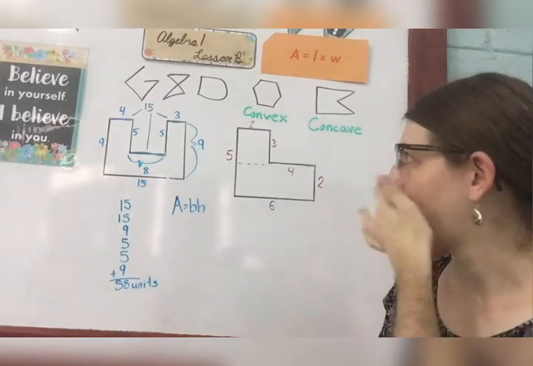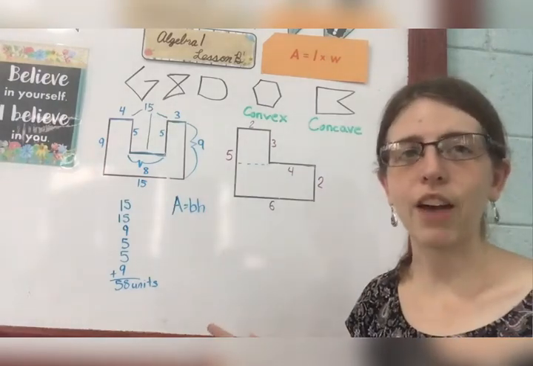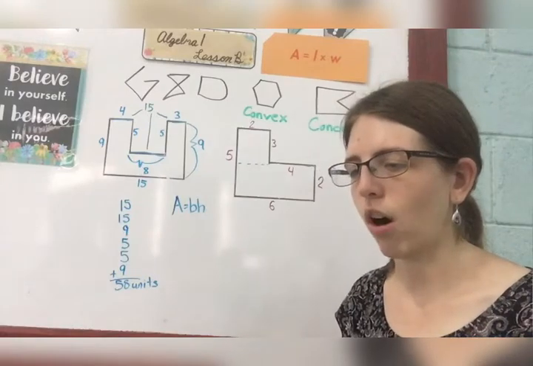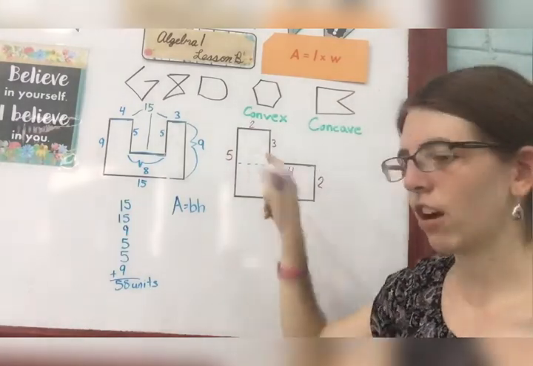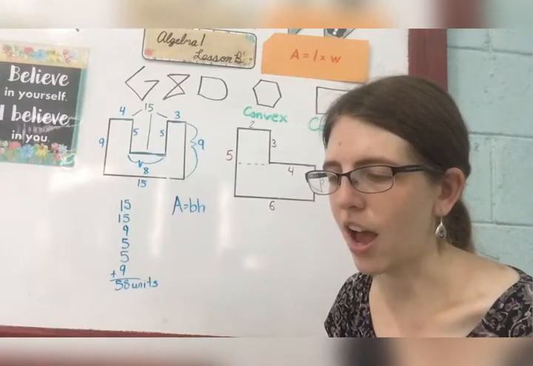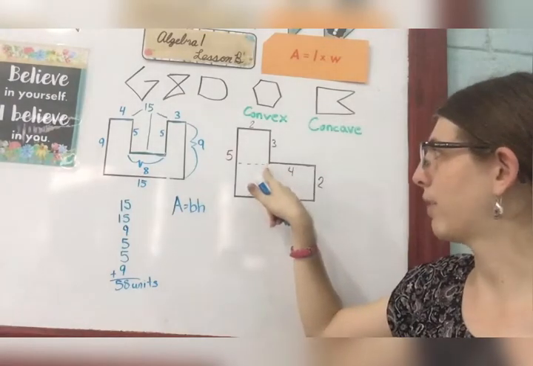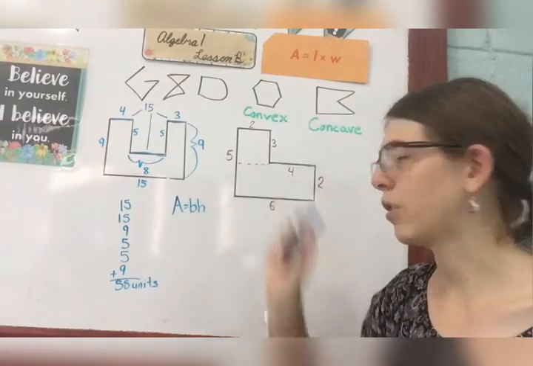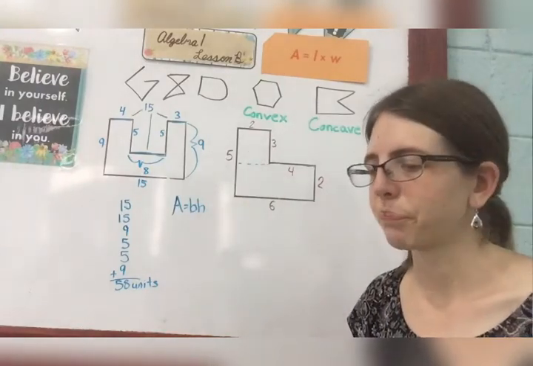All right, so either way you divide it, you're going to get the same answer. I want you to look at your book, page 9, and it shows you, if I were to divide it here, the answer that you would get. But for time's sake, I'm just going to show you this one. Okay?